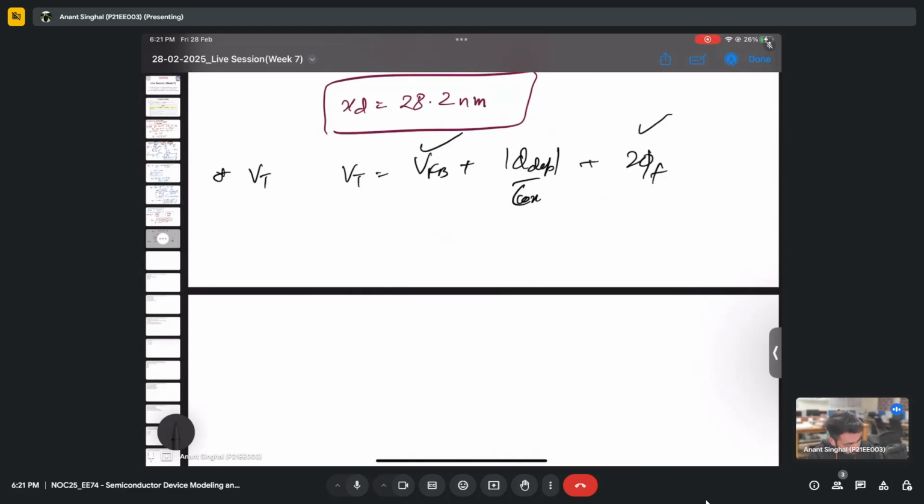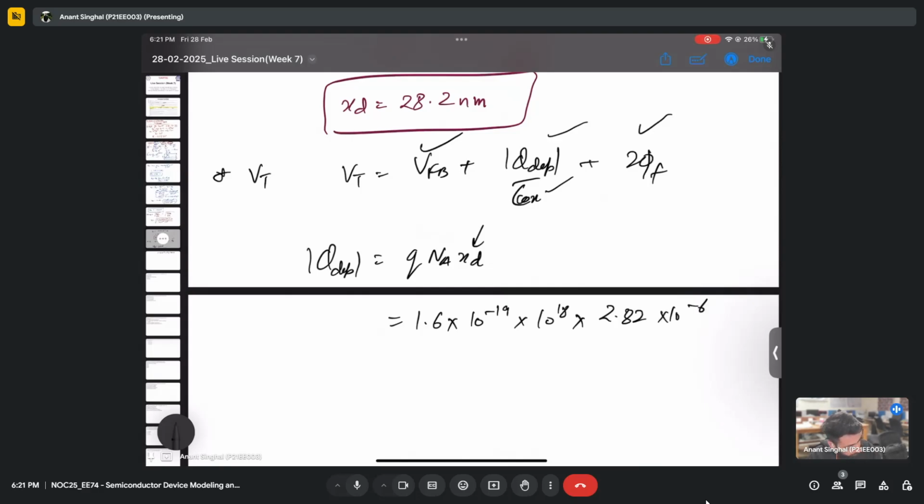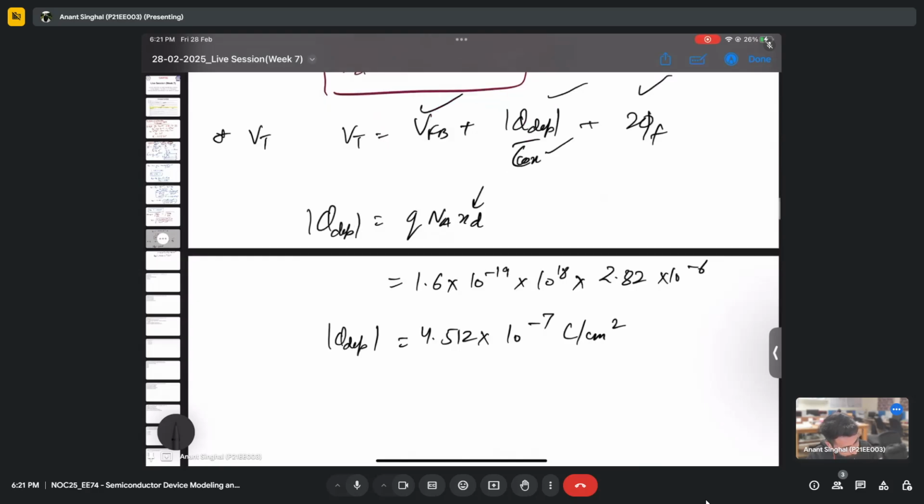We have calculated V_FB, we have C_ox. For Q_depletion we do have a formula, and we can calculate it directly as q N_A x_d, because we have already calculated the x_d. So this is 1.6 times 10 to the minus 19, N is 10 to the 18, then we have 2.82 times 10 to the minus 6, which is the x_d that we have just calculated. If you solve this, it will come out to be 4.512 times 10 to the minus 7 coulomb per centimeter square.